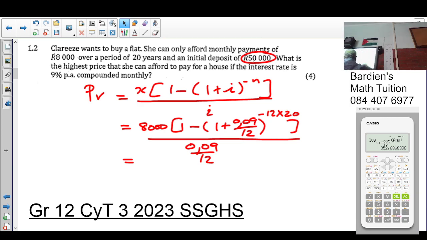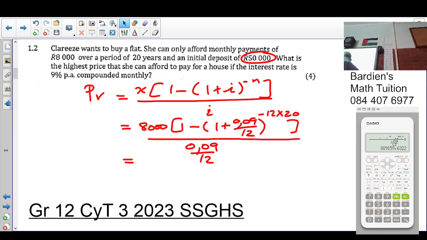We just punch it in the calculator. So it's 8,000 into 1 minus 1 plus 0.09 over 12 to the exponent negative 12 times 20. This is over 0.09 over 12.